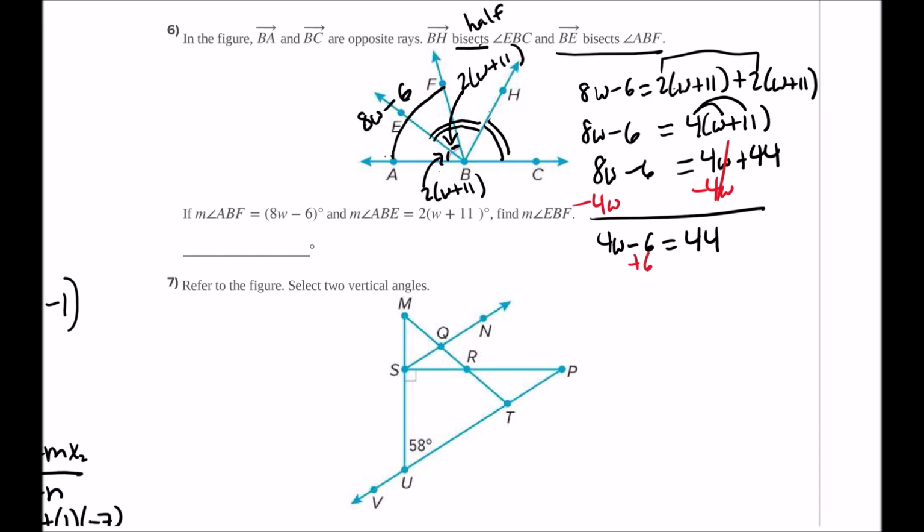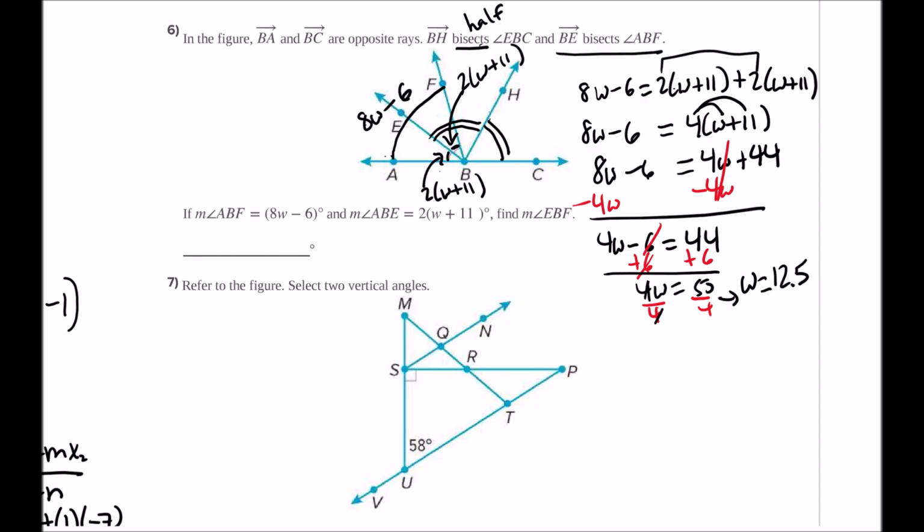And we're going to add the 6 to both sides here. We get 4W equals 50. Divide by 4. So you get 50 over 4. So W is equal to 12.5.